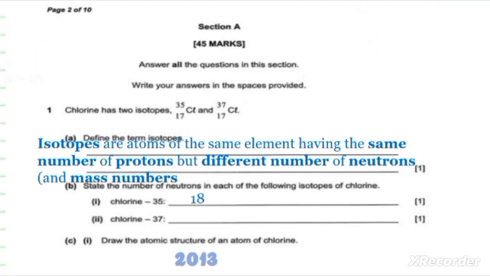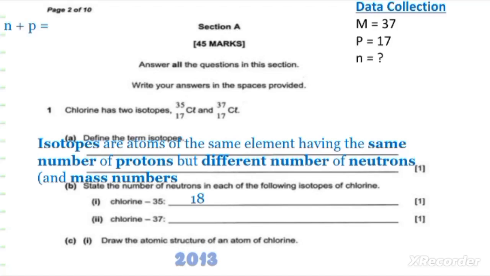To find the number of neutrons of chlorine 37, we are going to do the same. The first thing is to come up with the data collection. Mass we have 37, proton 17, neutron is what we are looking for.